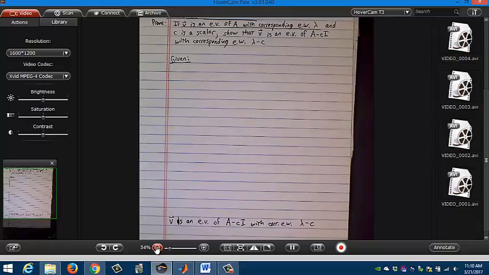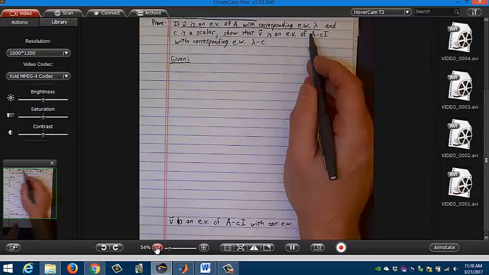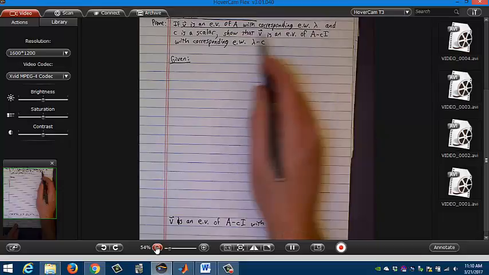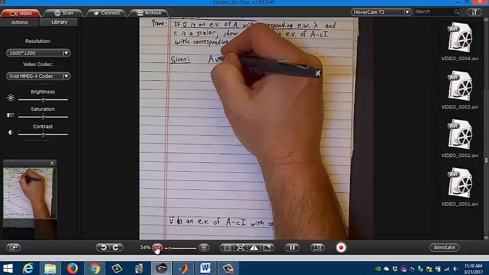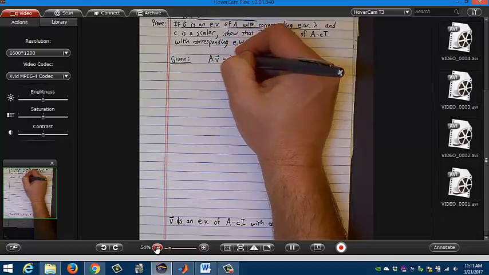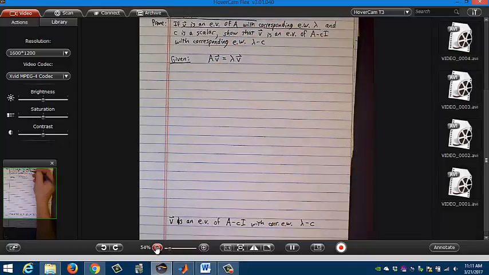And what I want to do is take that statement and unpack it. How do you translate that underlined statement? Yeah, we usually write it this way: Av equals lambda v. That's the given. Okay?